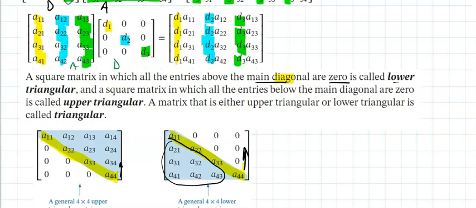And a square matrix in which all the entries below the diagonal are zeros, we call upper triangular because all the numbers are on top. A matrix that is either upper triangular or lower triangular is called a triangular matrix.